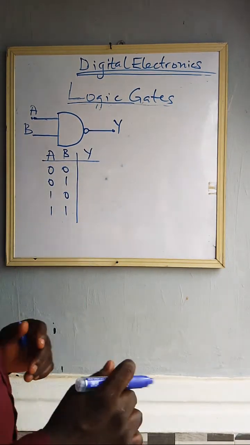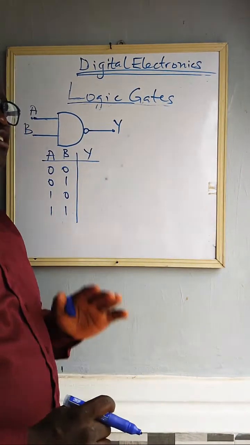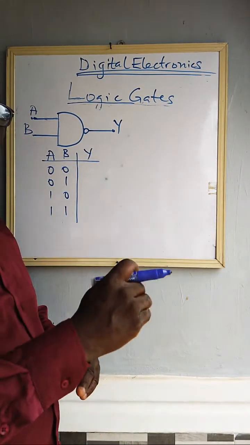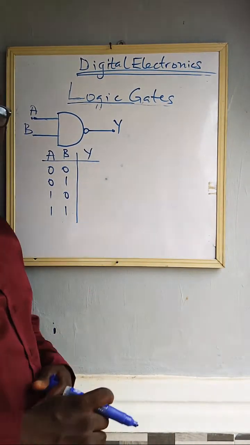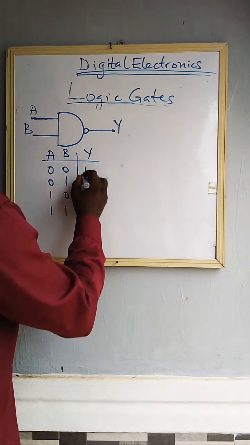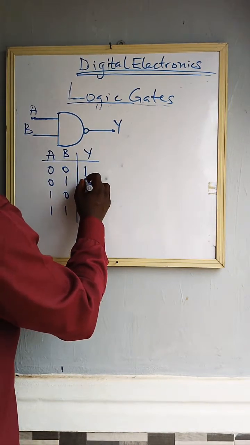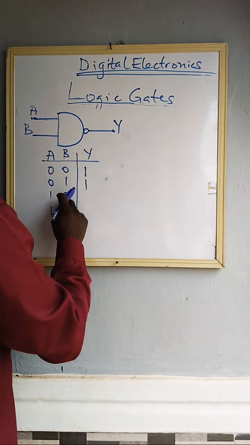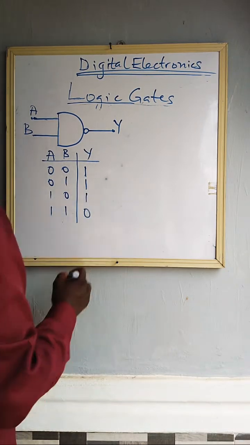Since it functions as an inversion of the AND gate, we are supposed to have just the output of the AND gate inverted. If it's supposed to be 0, then we get a 1. If it's supposed to be a 1, we get a 0. So 0, 0, 1. 0, 1, 1. 1, 0, 1. 1, 1, 0.